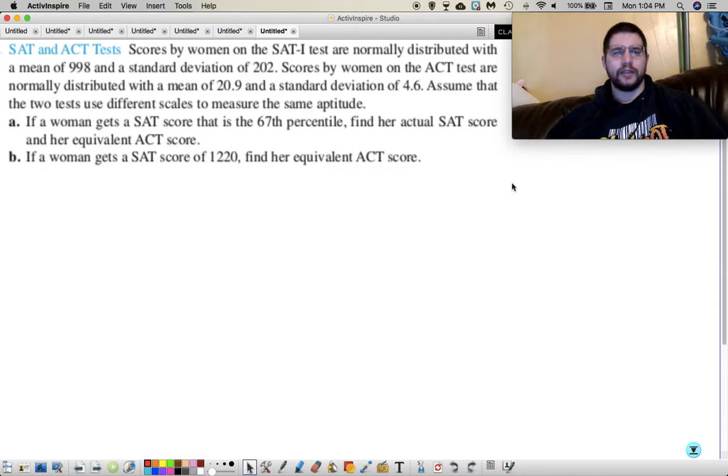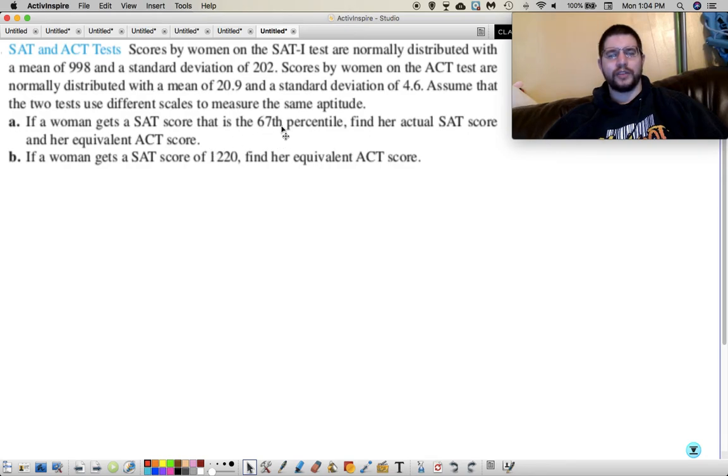Assume that the two tests use different scales to measure the same aptitude. So basically, they're measuring the same thing. If a woman gets a score that is the 67th percentile, find her SAT score and her equivalent ACT score.